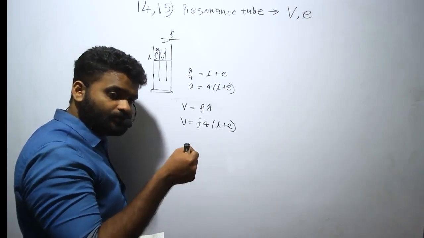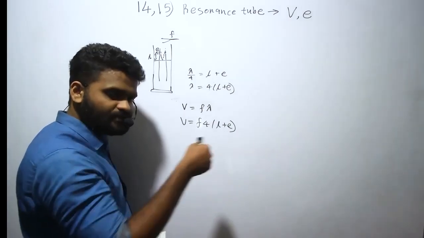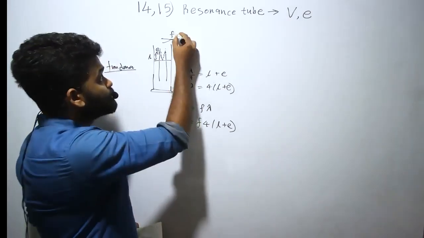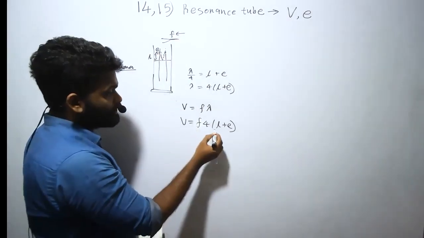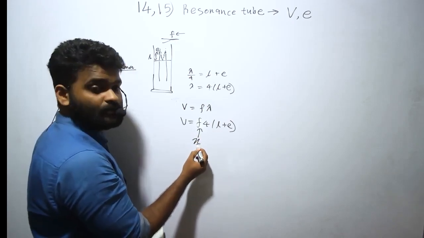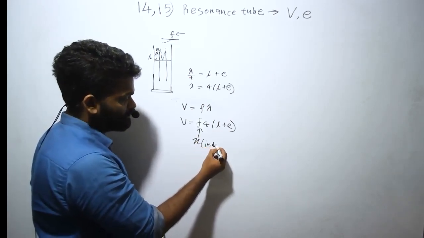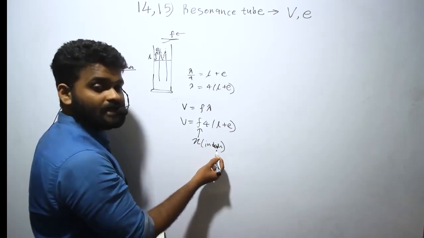Frequency means frequency of forks. We are using different forks, means we are changing this frequency. So this is the independent variable, or X. You can use that as the independent variable.